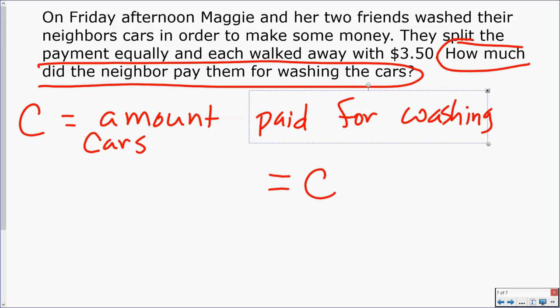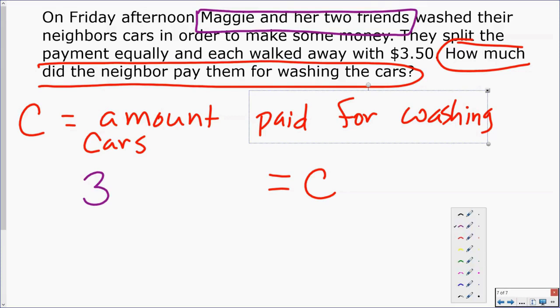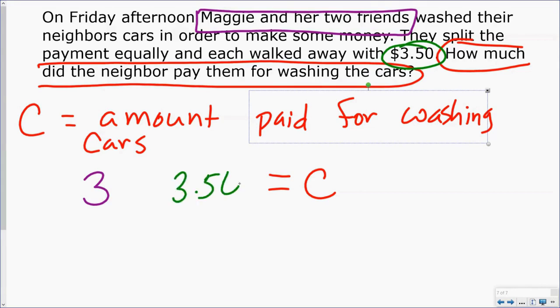Now, when I look back in my problem, it says that there were three people because it's Maggie and two of her friends. So, three people. And each person got paid $3.50. So if there are three people, each person got $3.50. That means there are three groups of $3.50.